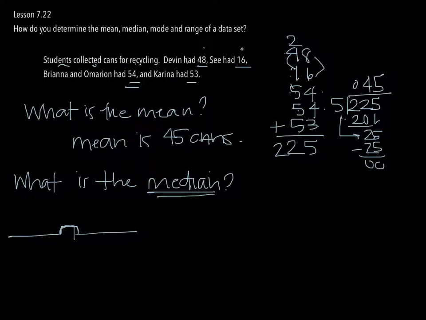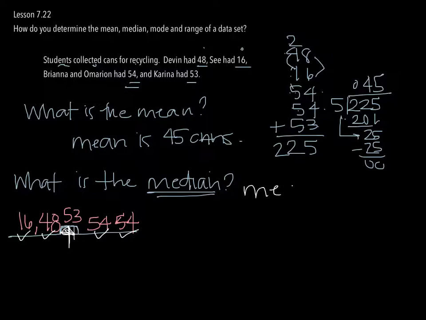Our lowest number is 16, then 48, then 53, then 54, and 54. Now, which number is in the middle? We can just go click, click, click, click, and our middle number is 53. So median is equal to 53, because that's the middle number in the data set.